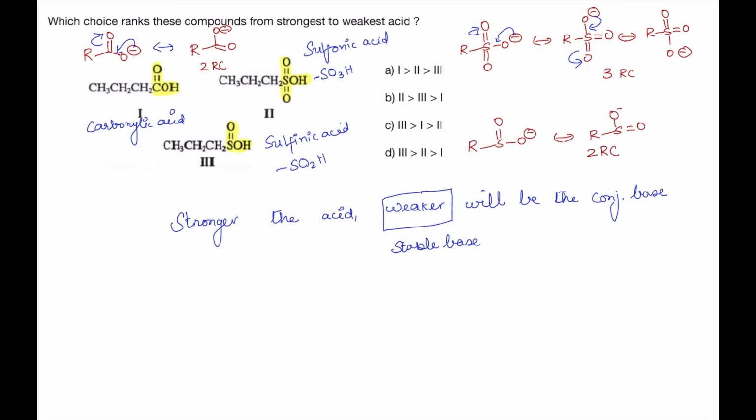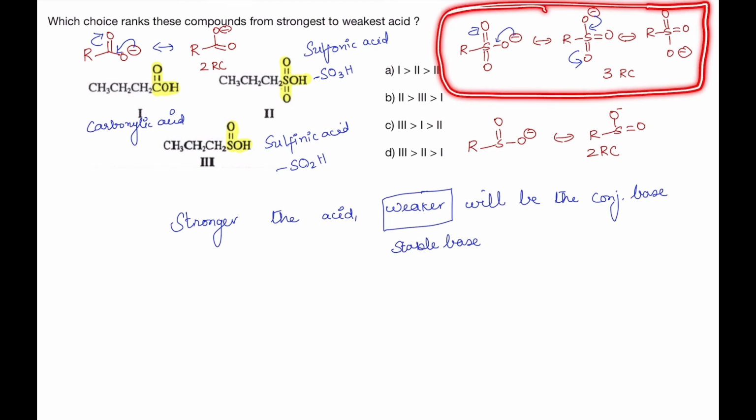We know that a conjugate base that has more equally contributing structures is going to be more stable. So in this case, sulfonate ion has 3 resonance contributors, whereas the carboxylate ion has only 2, and the sulfinate ion has only 2 resonance contributors. And therefore, sulfonate ion is the one that's going to be more stable.